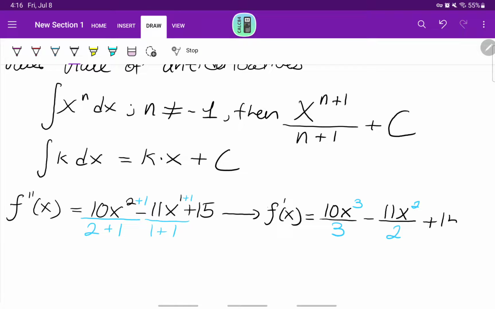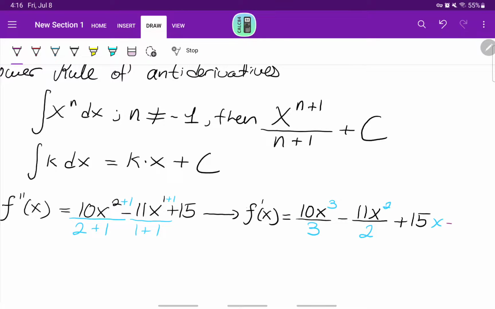That's just going to be 15 multiplied with x to the first power. And let's not forget plus c. And if you notice, we can't simplify any of these fractions, so we can leave it as follows.